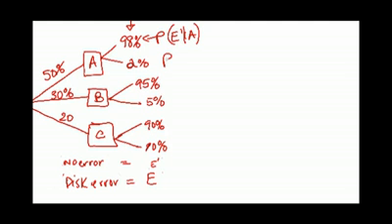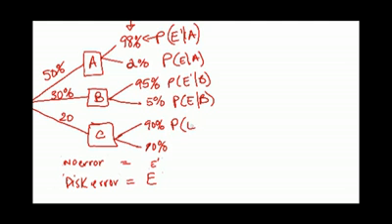The next one is the probability that there is an error given that it came from A. And following that same logic, this would be from B, and then this is the probability of no error from C. This is the probability of error from C.